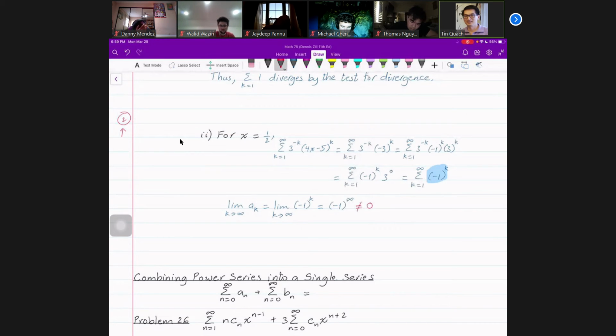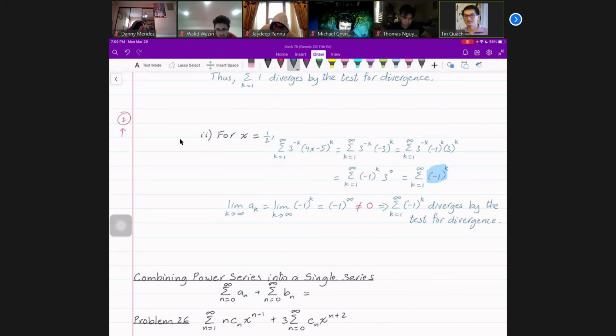It could be anything, but we know for sure that it is not 0. Okay, so that means this series diverges by the test for divergence.